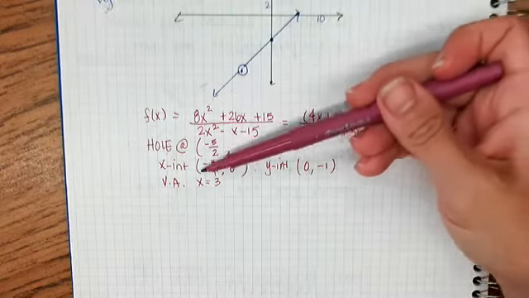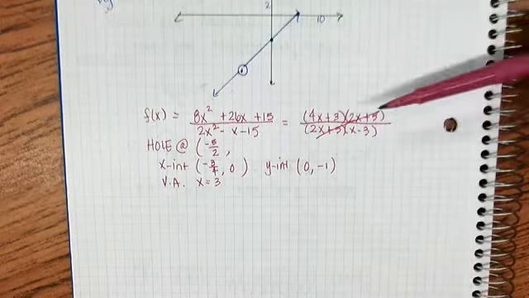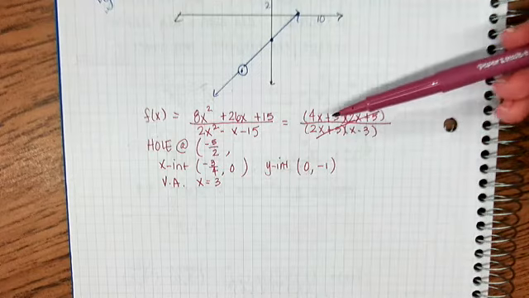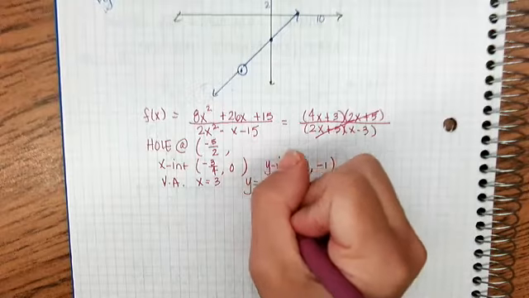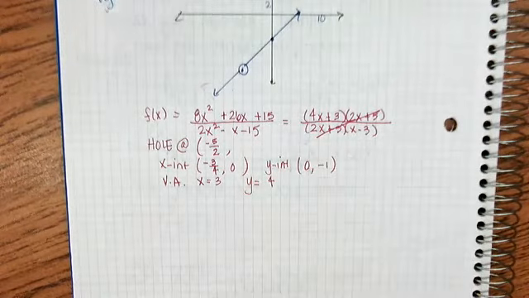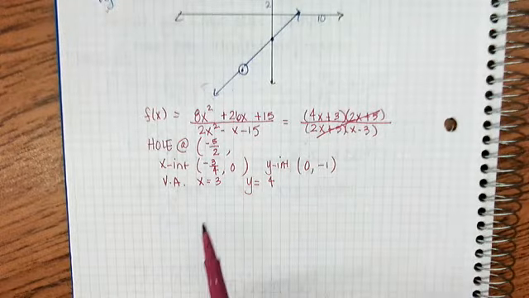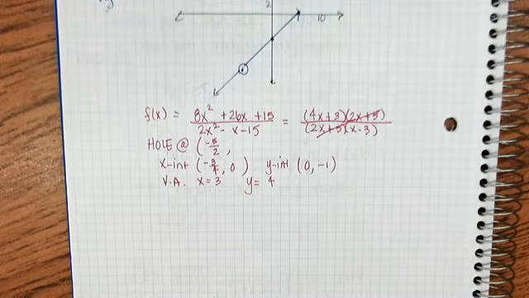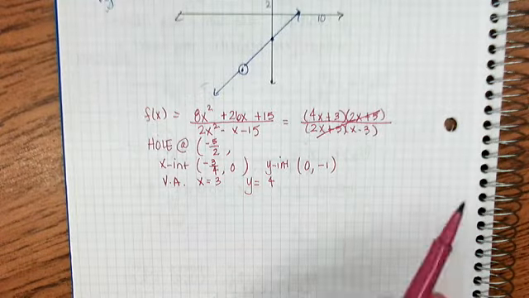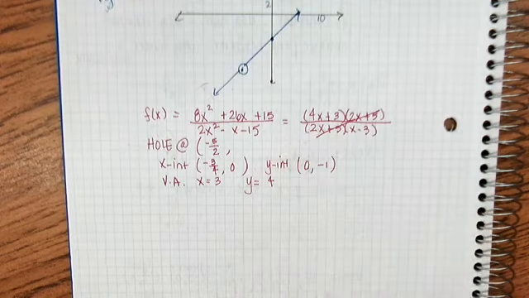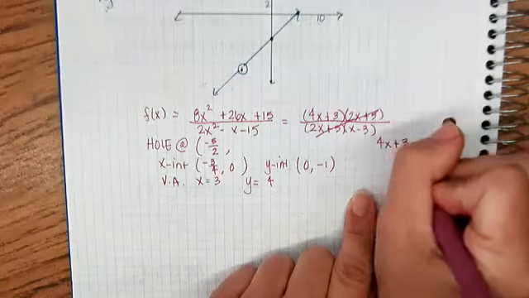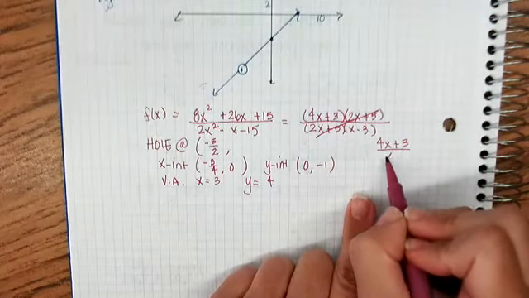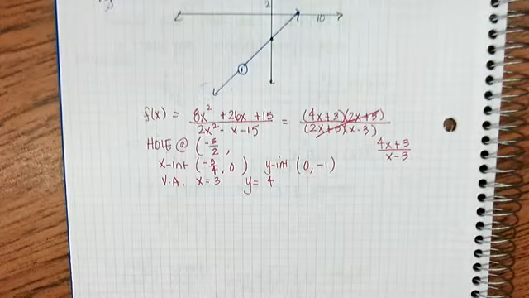8x squared over 2x squared is 4. Or the reduced equation, 4x over 1x, 4. Doesn't matter where you evaluate the information. The only one that matters is when you try to find the hole. So the hole, let me rewrite it here off to the side: (4x plus 3) over (x minus 3).